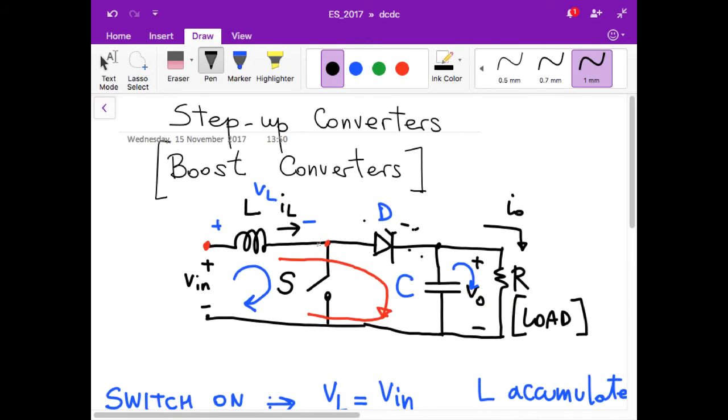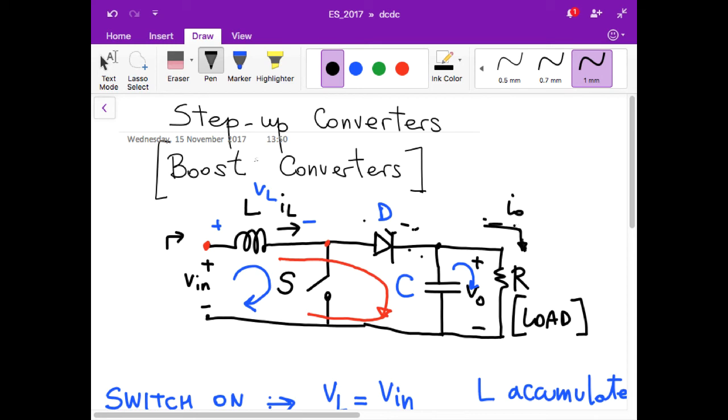If we consider that all these quantities are ideal, you should see that we have no power dissipation in the inductor, in the diode, because we are assuming that the voltage drop on the diode is 0, in the capacitor, and also in the switch. So this means that the average input power has to be equal to the average output power.